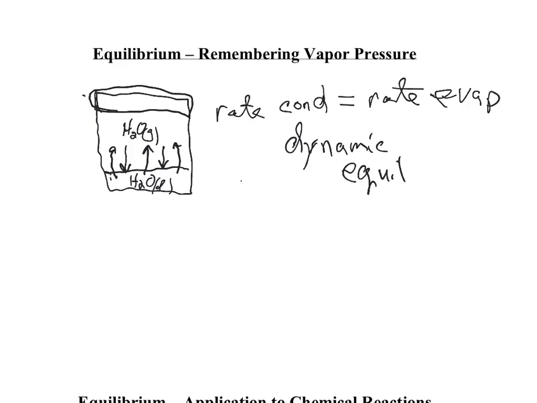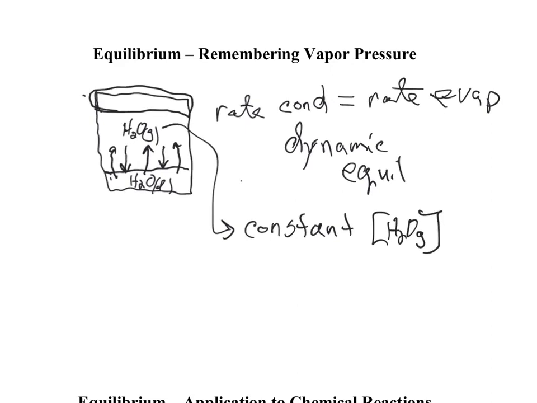So there'll be a constant concentration of water in the vapor phase. The concentration of gas water is not changing. When you reach this dynamic equilibrium, it just means that the reverse reaction and the forward reaction are equal in terms of their rates.